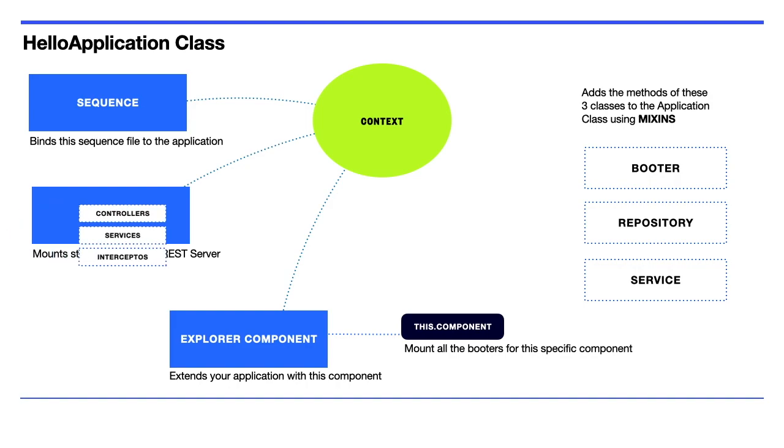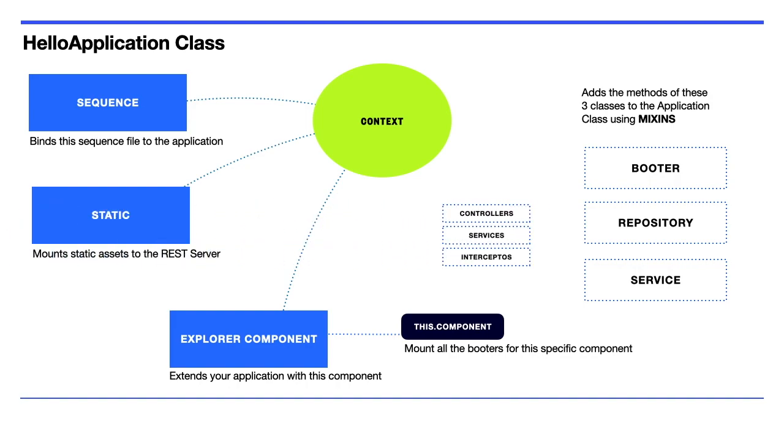Now, this means, for example, that controllers, services, and interceptors are going to be available to the context. So the booter that the main application class extends from in a mixin way has to register all these controllers, services, interceptors, and repositories to the context. So whenever you find this sequence, this is what it's doing.